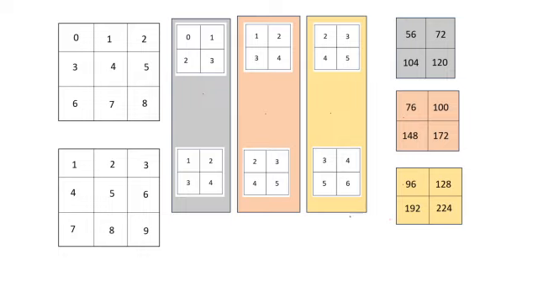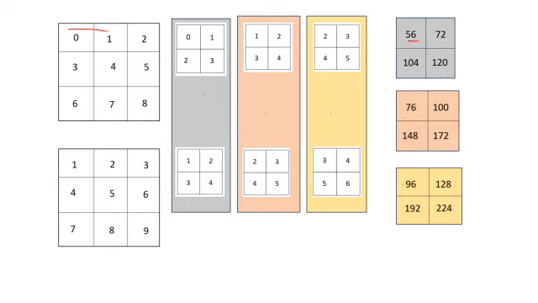So each output channel has its own kernel. The calculation will be the same as I have shown in multi-input single output. If you just consider this one, ignoring the peach and yellow, these two will interact with the corresponding channels of the input image, and that will output this information.